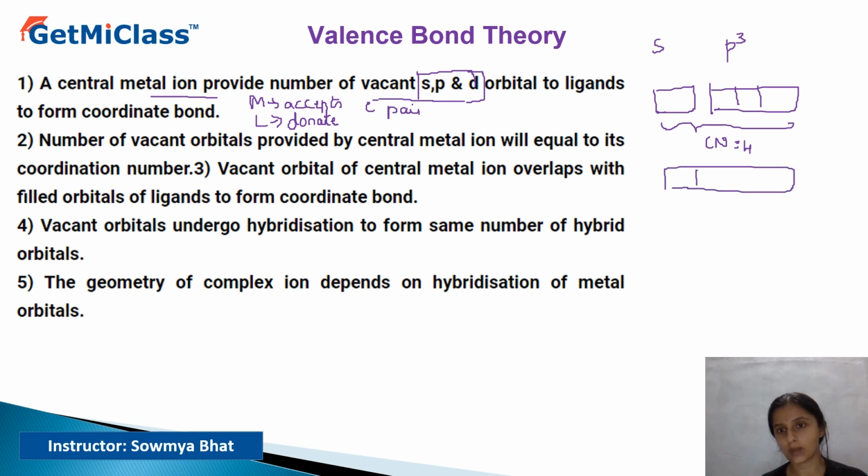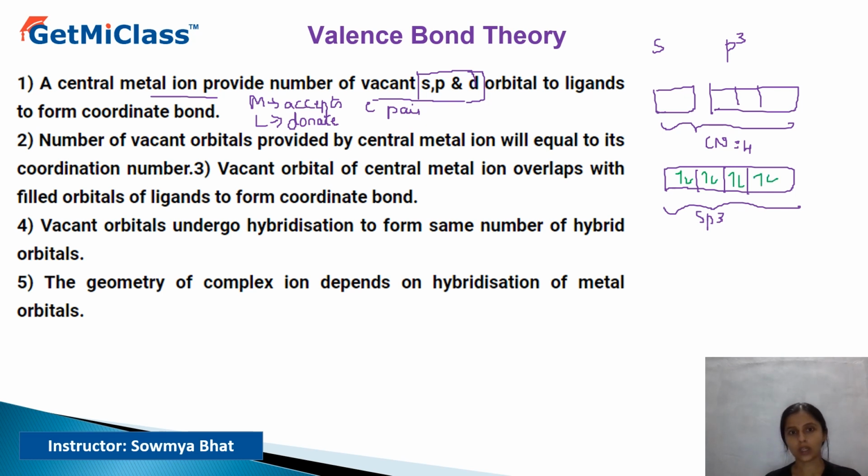This hybridization is called sp3. There are 4 orbitals before hybridization, and after hybridization you get 4 sp3 hybrid orbitals, and each of them is filled by the electrons given by the ligands.